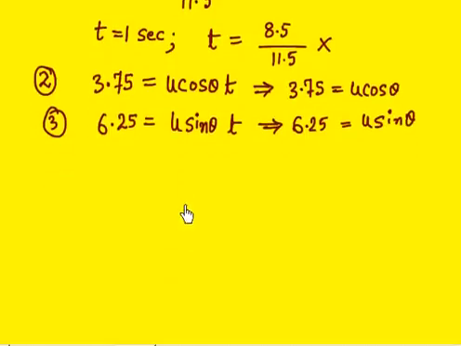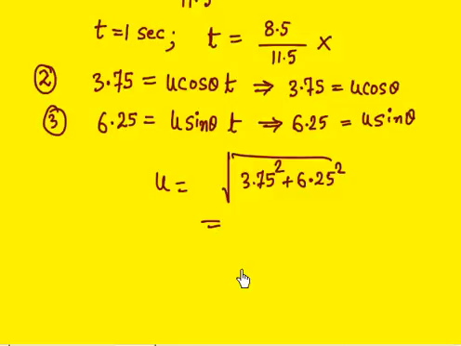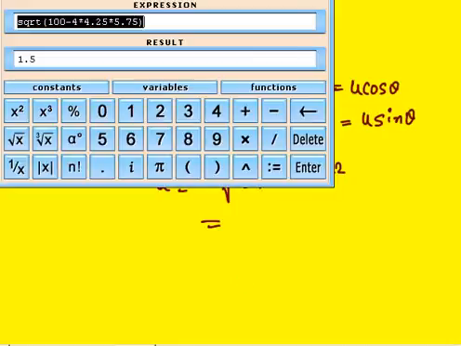And now if you square and add these two equations, you will have u equals root over 3.75 whole square plus 6.25 whole square. This value you can calculate using a calculator.